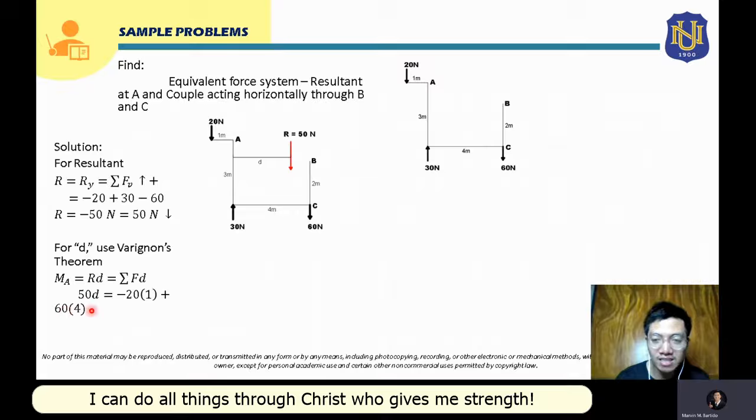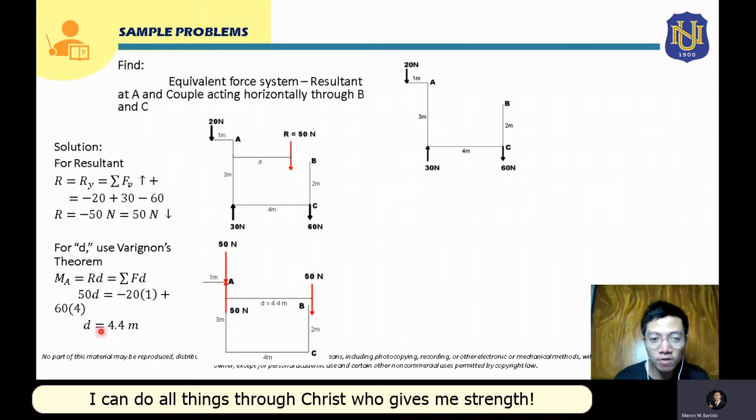So that will be 60 times 4, and its rotation about point A will be clockwise, that's why it will be positive here. Now, solving for D, this will be negative 20 times 1 plus 60 times 4, divided by 50. So that will be 4.4 meters. That will be our distance D.